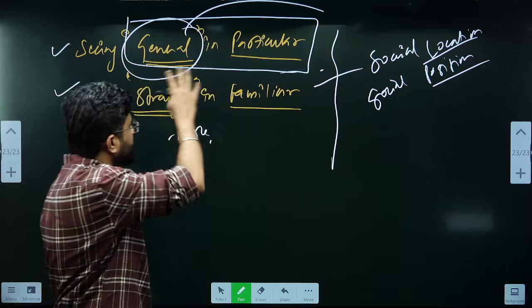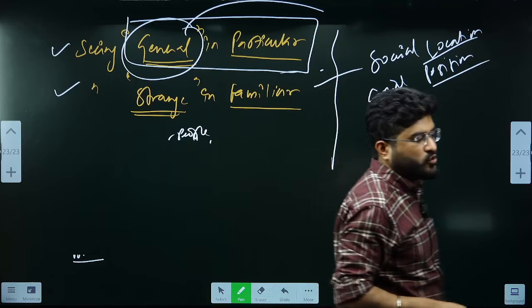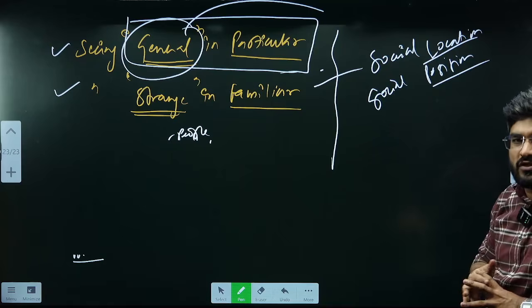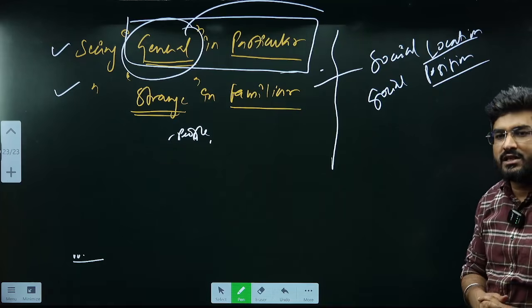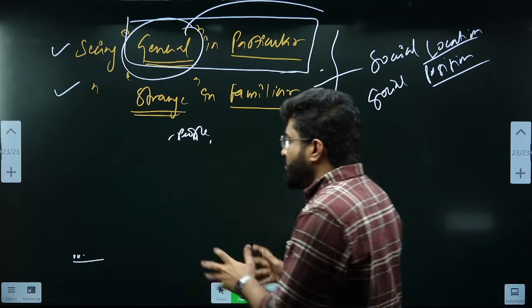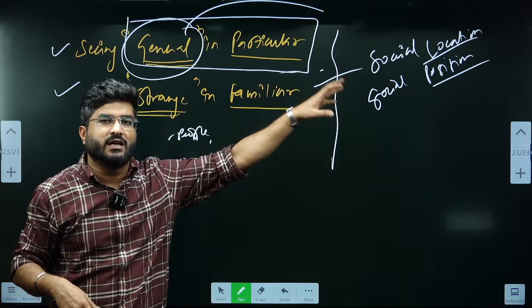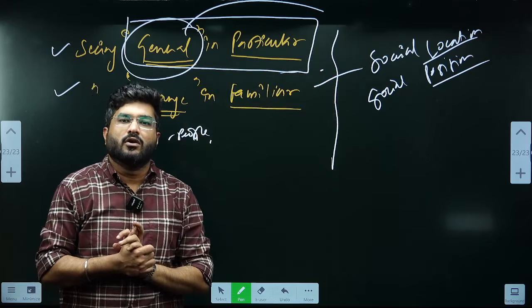Seeing the general in the particular and the strange in the familiar helps us find out how you can look for marginalization of some sections of society: how people have been marginalized, deprived, and discriminated against on the basis of race, ethnicity, gender, etc. Okay.